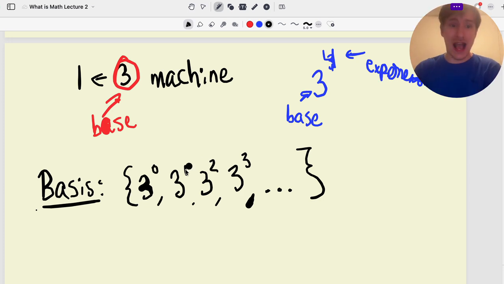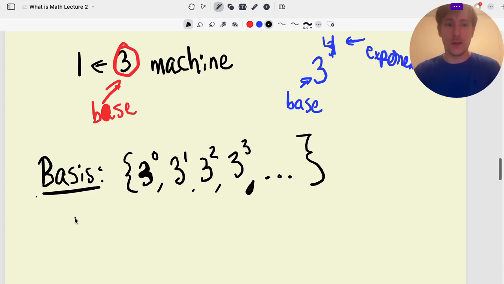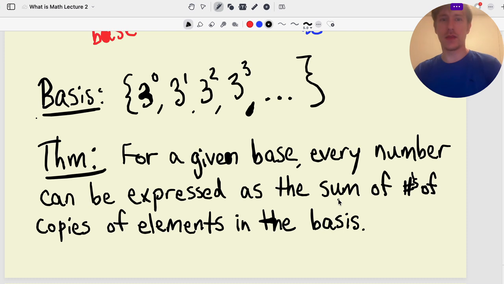And what I have is, you can call it a theorem if you want, so we'll call it a theorem. I can state the following theorem about what we just observed. The theorem says that for a given base, I have to pick a base and stick with it. So maybe I have a 3-1 machine, I'm working in base 3, or a 10-1 machine, and that's base 10. For that base, every number can be expressed as the sum of numbers of copies of elements in the basis.